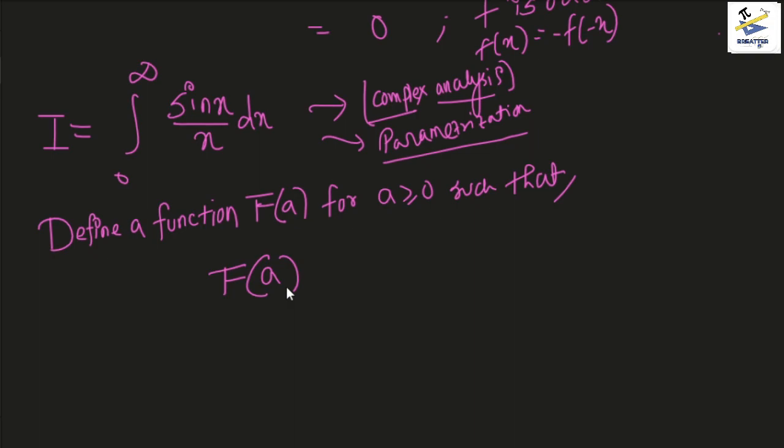So we are basically defining a function f of a, where a is a real number and a is greater than or equal to 0, that is, a is non-negative. The function looks like this.